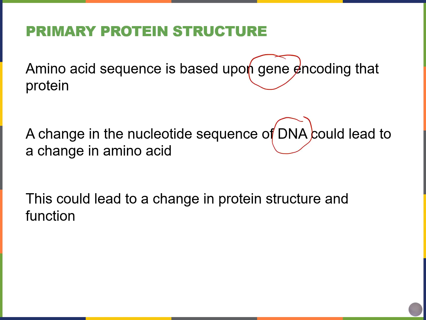So if there's something wrong with the DNA, if we have a mutated gene, for example, this could lead to mutations in the protein structure, leading it to be non-functional or have irregular function.